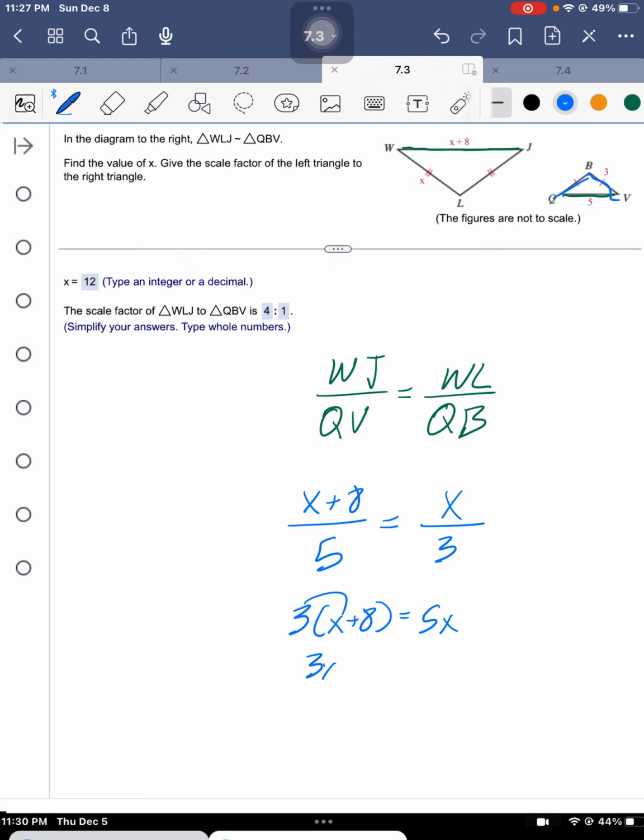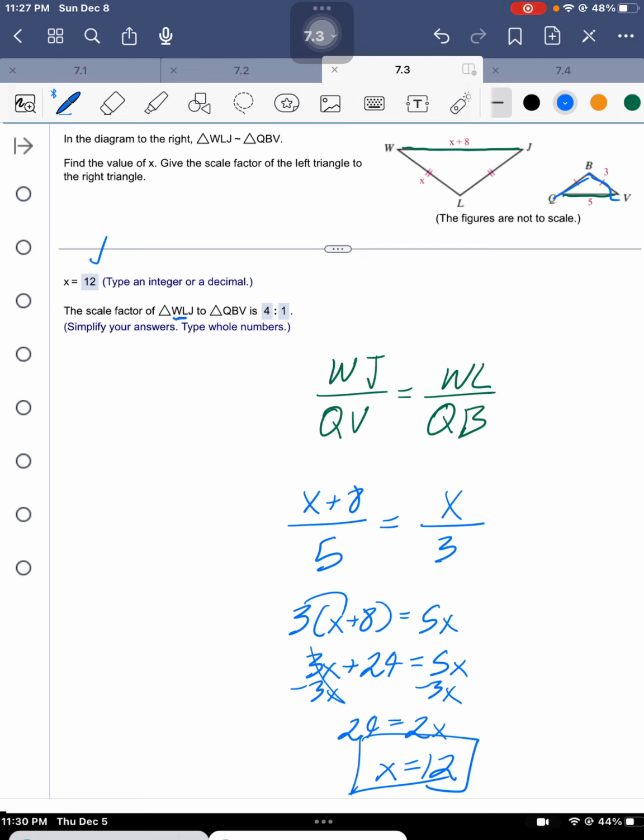So I'm going to have 3x plus 8 equals 5x. 3x plus 8, 16, 24 equals 5x minus 3x minus 3x. 24 equals 2x. So my x is what? 12. So my x is 12. Is that true? Yep.